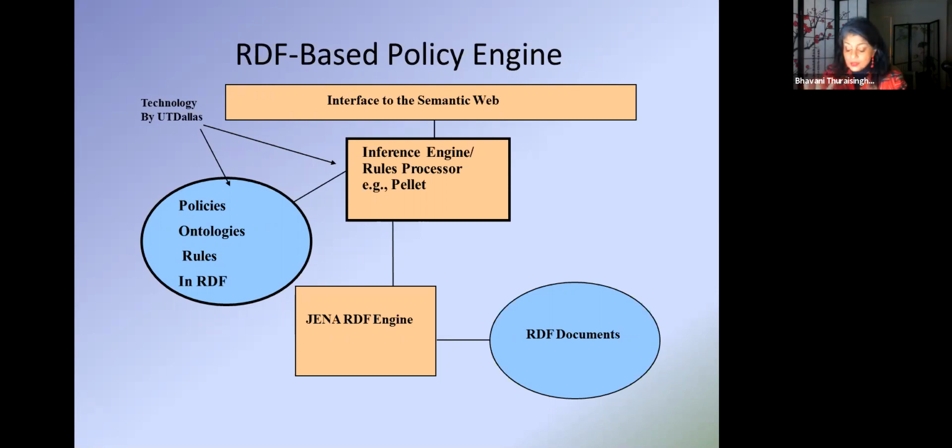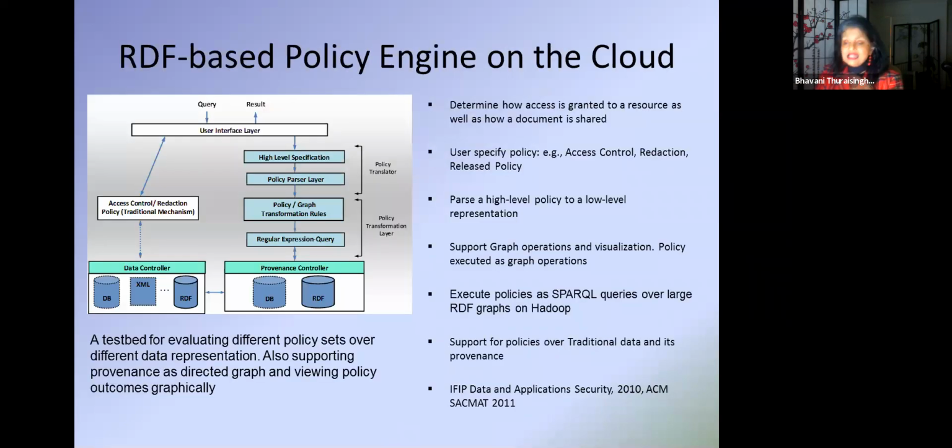Okay. So I said, we already have this policy engine. Why don't we re-implement it in the cloud? Re-implement is very important. You can't just take the policy engine and put it in the cloud on one node. Then you don't take advantage of any of the features offered by the cloud.